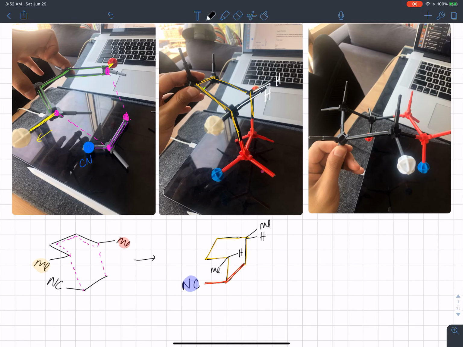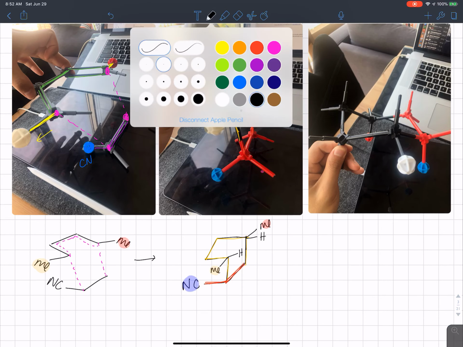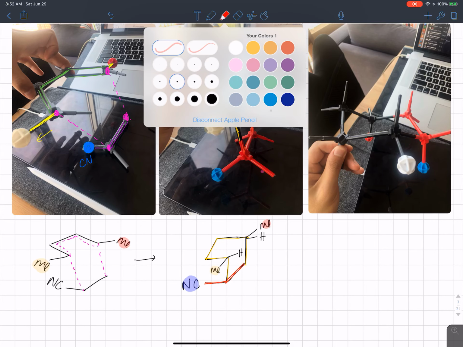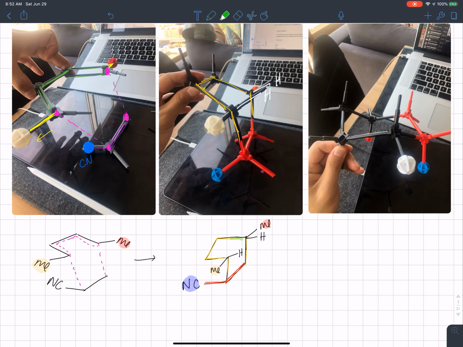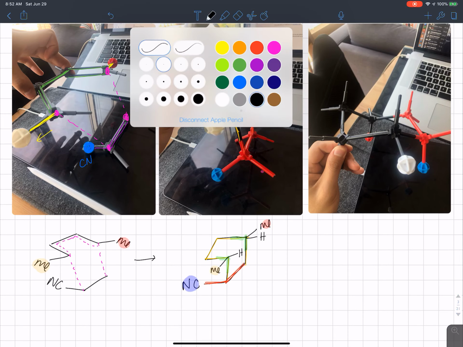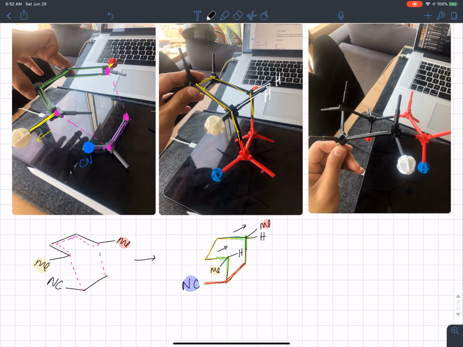So now we are going to have to convert them into a chair conformation. Hopefully you're still with me. Almost there. Because these two carbons right here, if you follow the green highlighter, this carbon and this carbon currently are pointing at the same face, so they're pointing up.